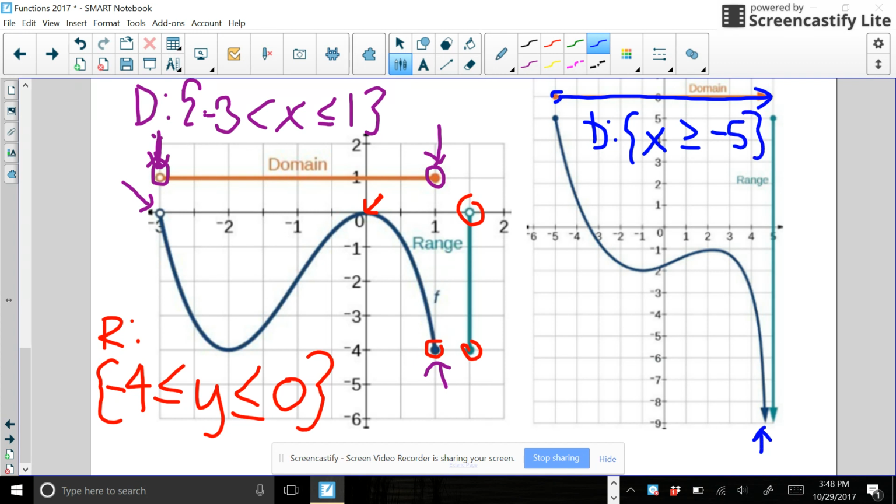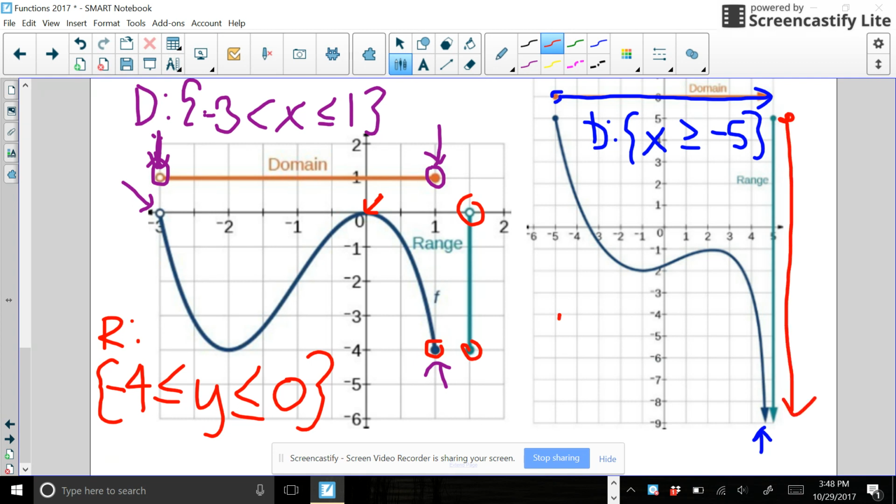And our y's are going to start here, going all the way down forever.